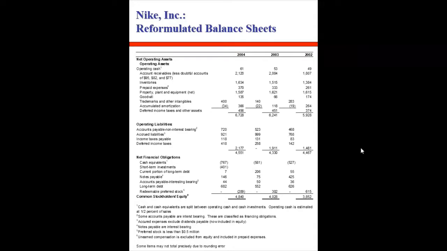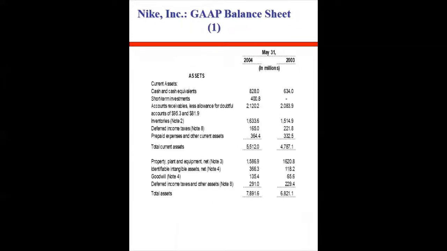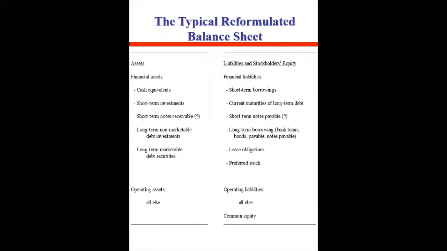So we need to find out the financial liabilities and separate them. These are some examples of financial liabilities. Okay, so it can include the short-term borrowings, the long-term debt, the current maturities of long-term debt, short-term notes payable, obviously interest bearing, the lease obligation, preferred stock. So these are the financial liabilities.